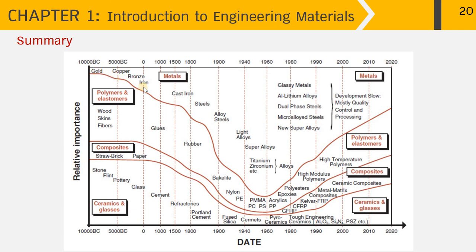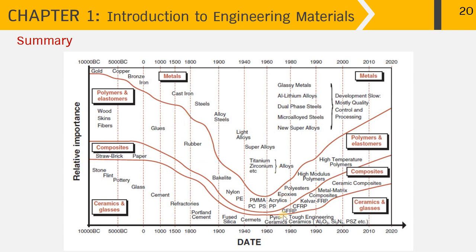And as time passed, we developed bronze, iron, steel, and cast iron, and through the Industrial Revolution, metal has been considered much more important in this era. The use of light alloys, superalloys, and titanium alloys has been considered very important for aerospace.